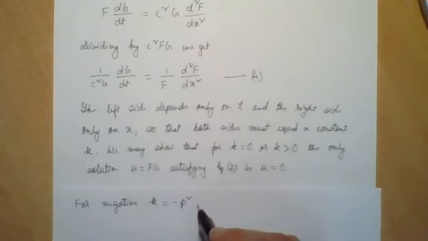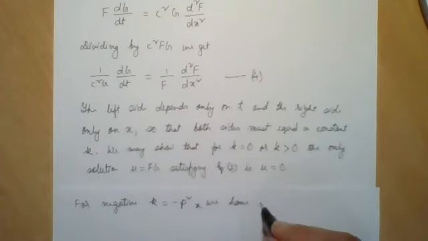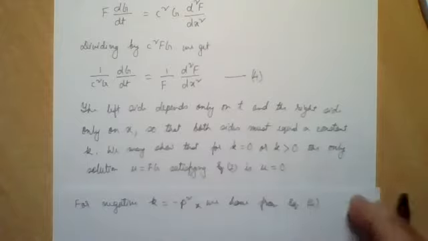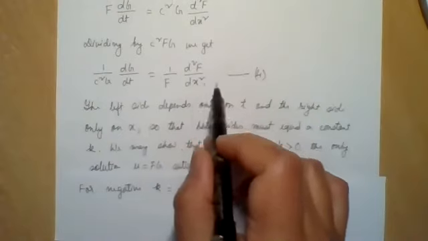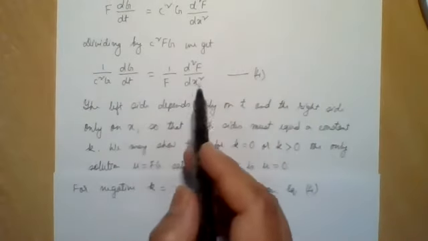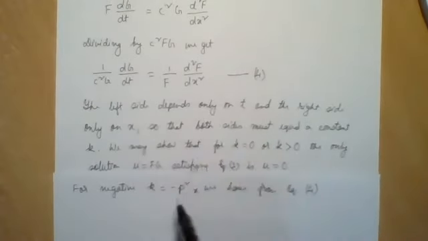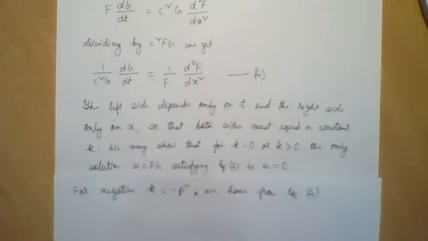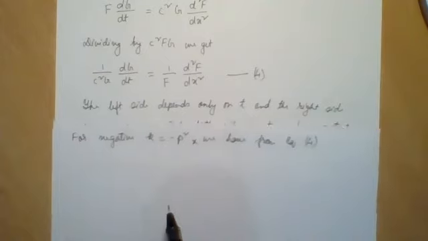Then we have, from equation number 4, that is this equation, both sides should be equal to a constant k, and k is equal to minus p square. So what do we have from equation number 4?